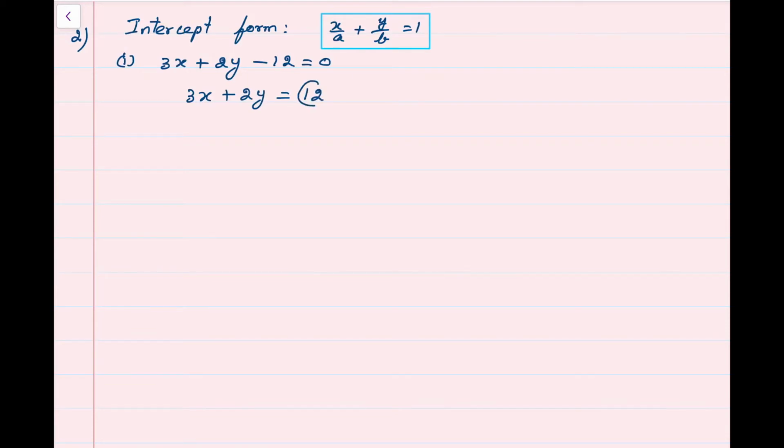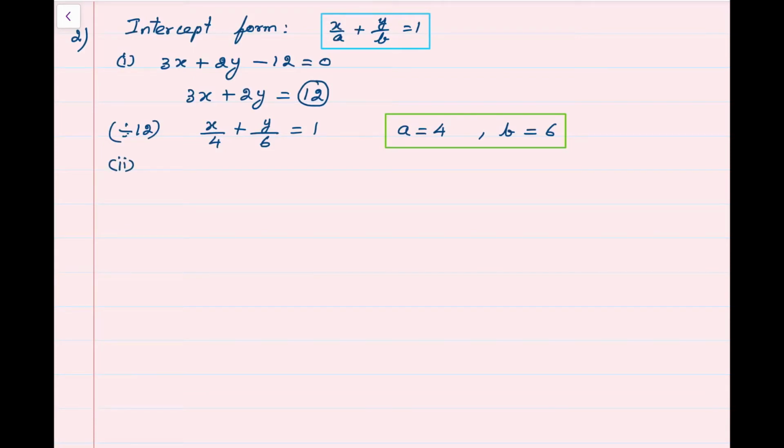We need 1 here. We will divide the whole equation by 12. x divided by 4 plus y divided by 6 is 1. So we changed it to intercept form. By comparing the equations, we can write the x-intercept a is 4, and the y-intercept b is 6.